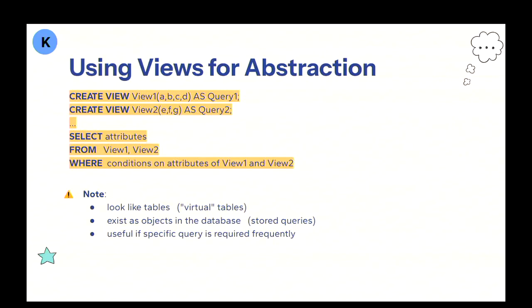It is very straightforward. You can create multiple views, and you can select from those views as if those views are tables. So this is the views. And the advantage of using views is that we can reuse views in multiple different queries later on. So we don't have to write subqueries everywhere.